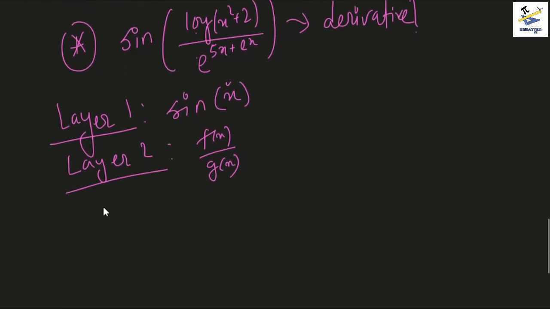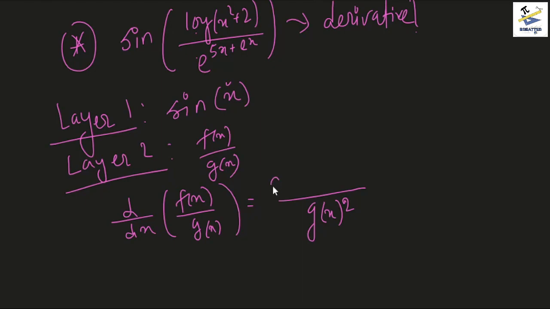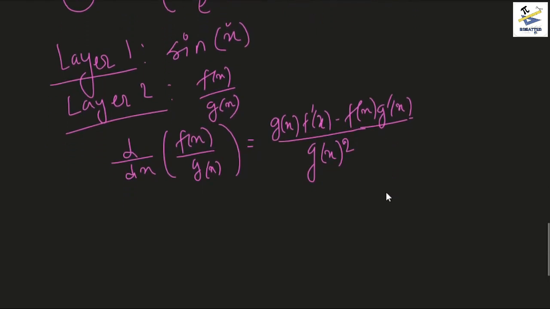I'll just write it down here, that d/dx of f(x) by g(x) can be evaluated as, f(x) into g prime x, right?